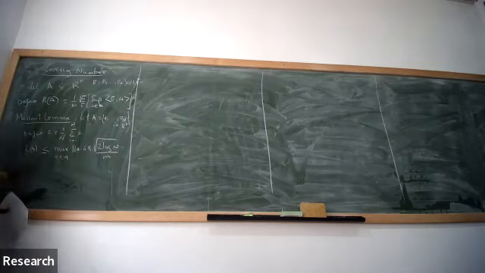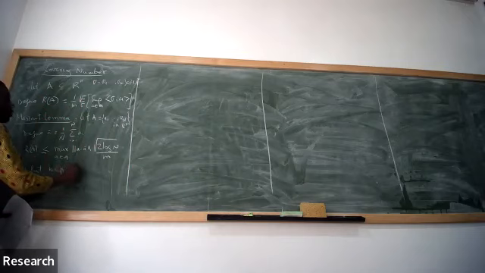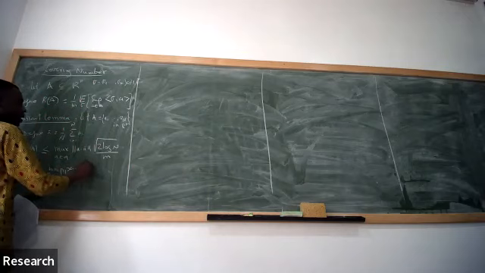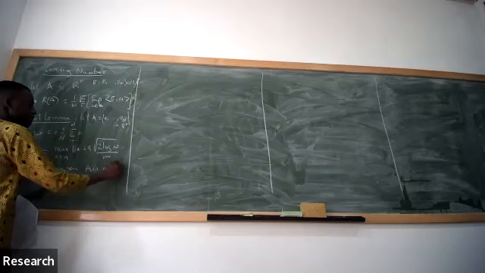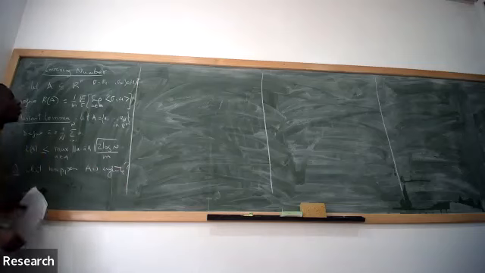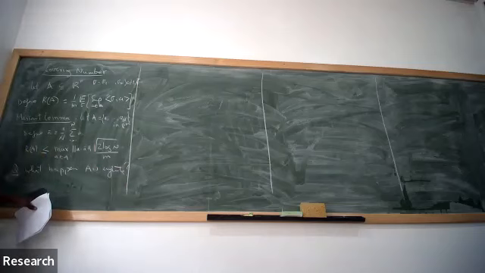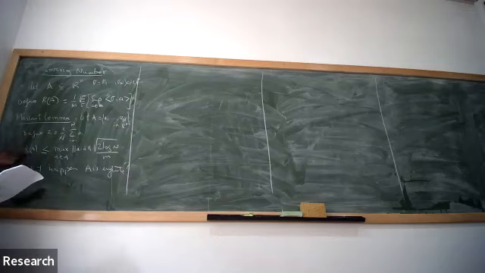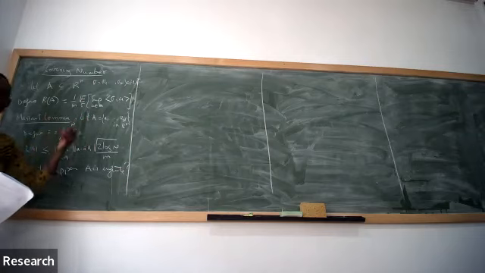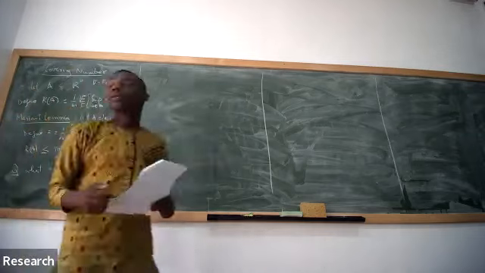But the question here is, what happens if A is infinite, or A is big enough? How can we bound the Rademacher complexity?